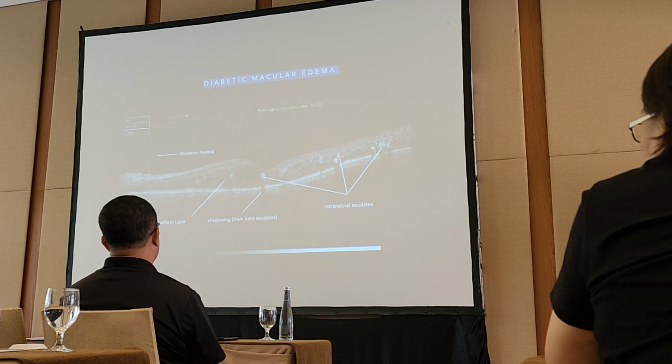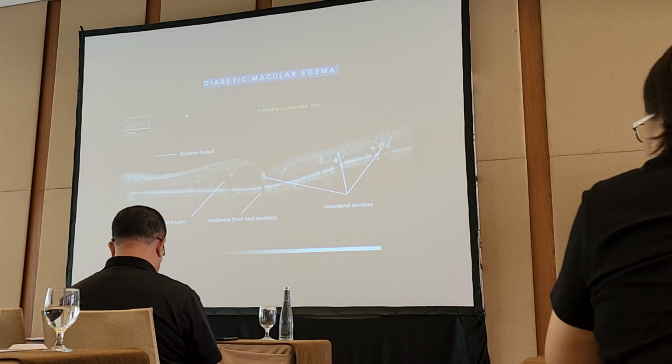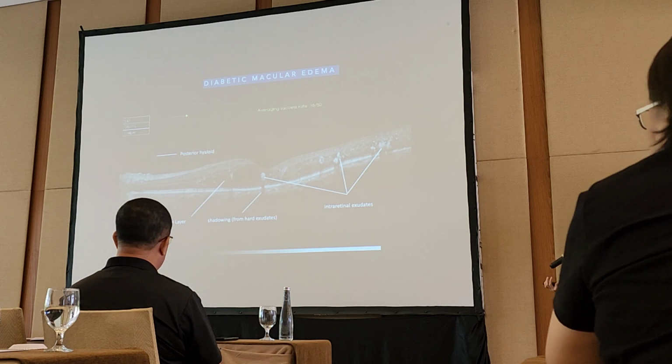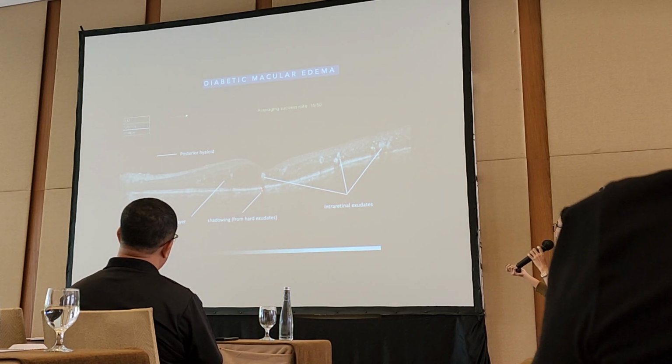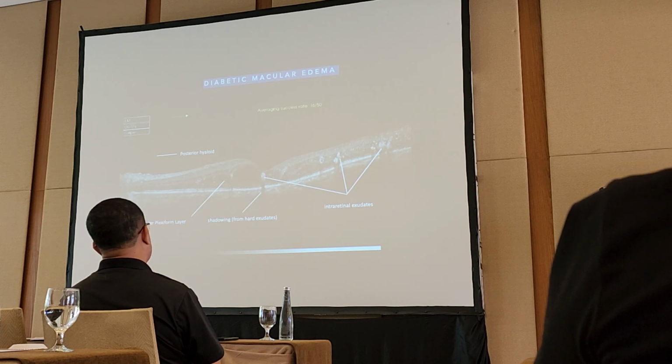Is this a choroidal neovascularization, or is this an AMD patient? Because they see that the RPE is broken down over here, but it's not. It's actually shadowing from the hard exudates above. So the light cannot pass through, so it casts a shadow on the RPE. And then the hyperreflective dots over here, we call intraretinal exudates, which we can find in most diabetic macular edema patients.